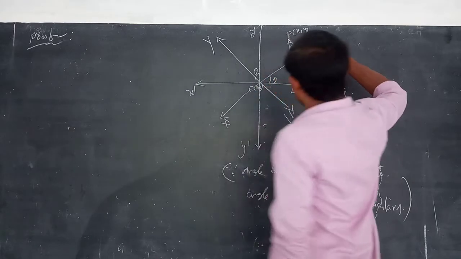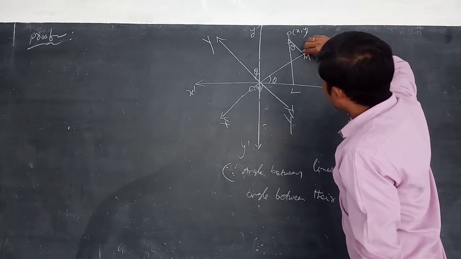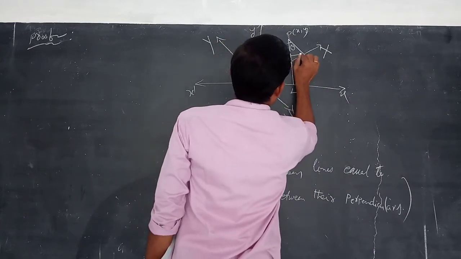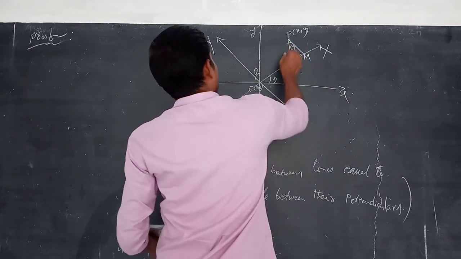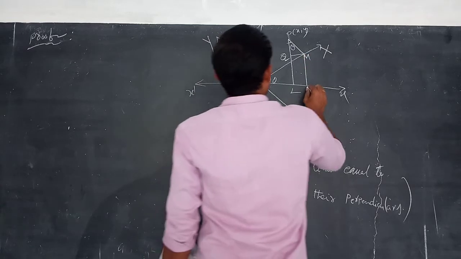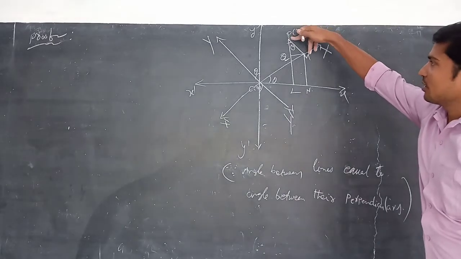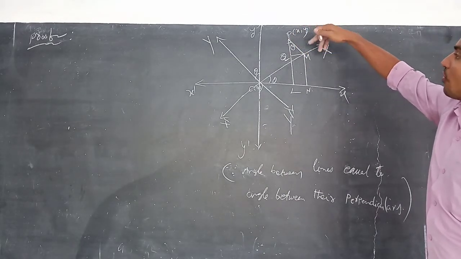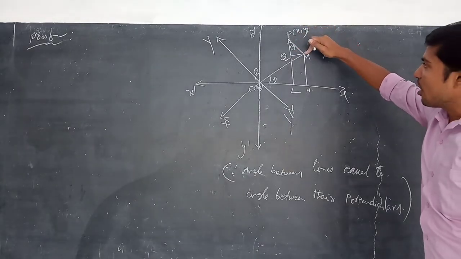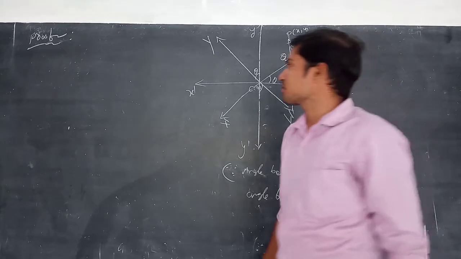Now draw the projections. Projection of M on PL, suppose this is Q, and on X'OX, small, is N. Projection of P on PL is Q, projection of M on PL is Q, and projection of M on X'OX is N. Try to understand this.